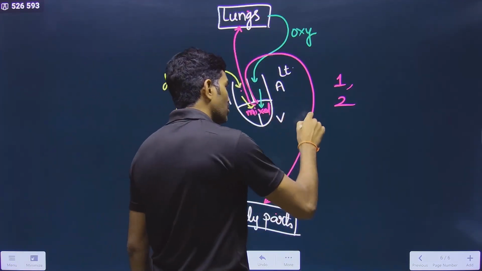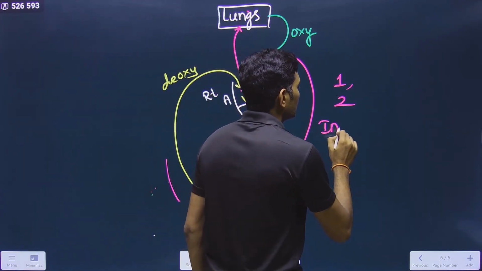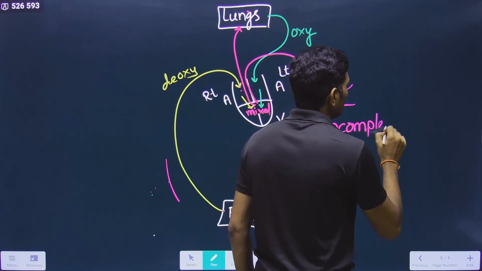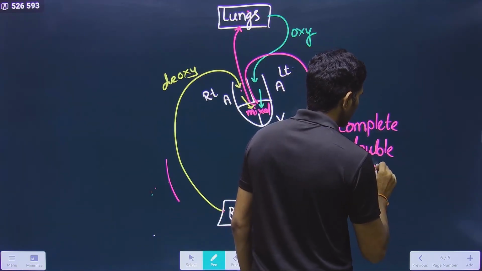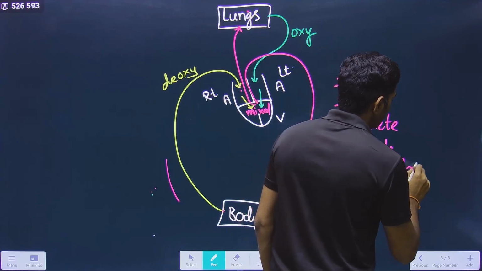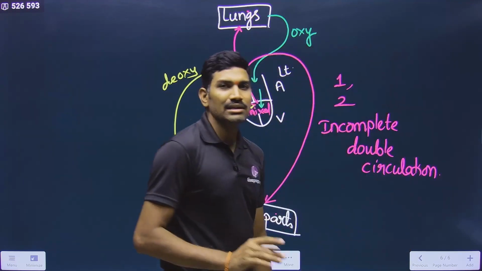So that's why this is also considered incomplete double circulation. In this way, in the three-chambered heart, we are observing incomplete double circulation.